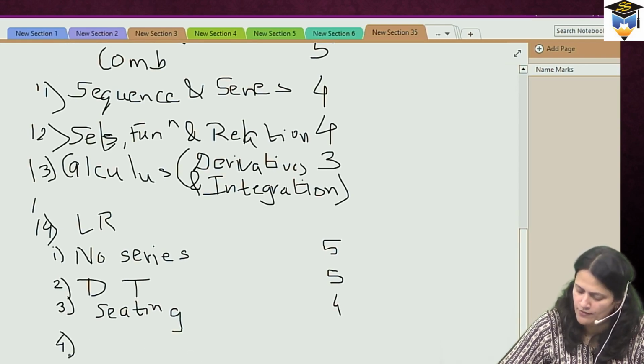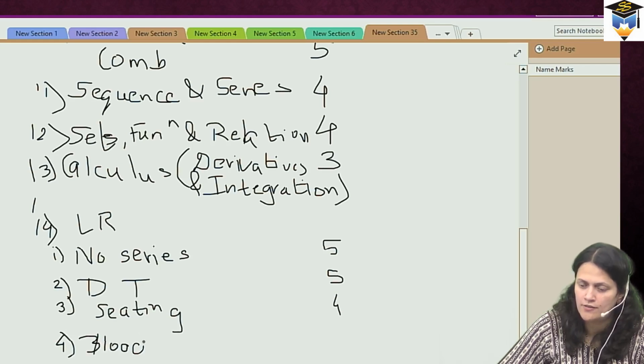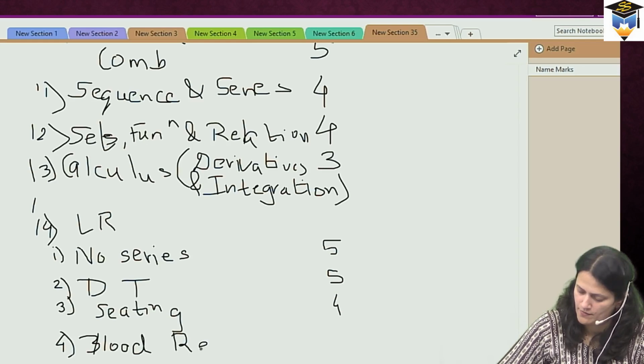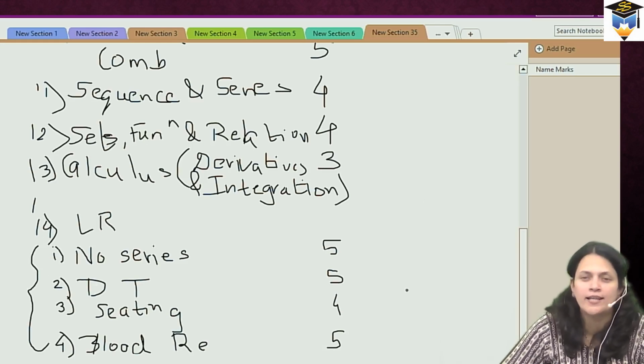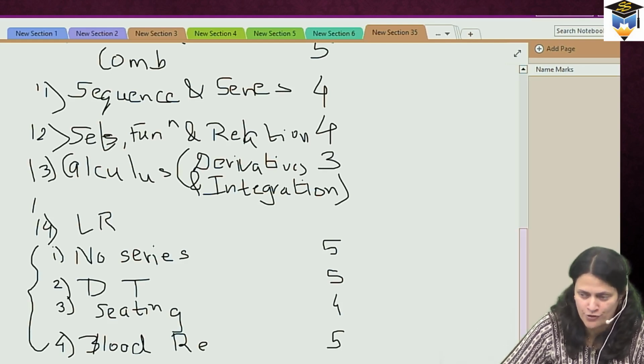Then the fourth, blood relations, asked for 5 marks. So these are the basic 4 chapters of LR, logical reasoning. They generally carry 20 marks weightage on an average.